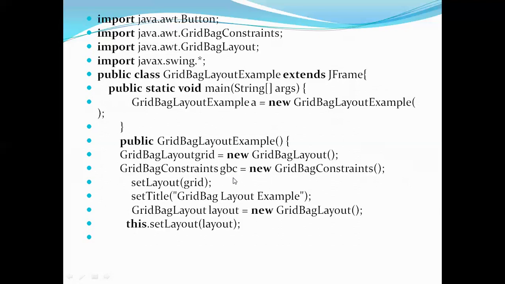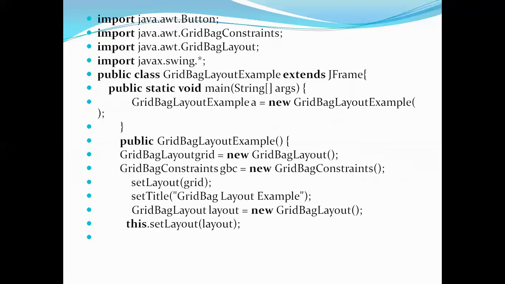Here I'm creating the grid bag layout. Actually, you have another class called grid bag constraint. Grid bag constraint is a class under grid bag layout which will mention how to arrange the components, meaning what are the restrictions, what are the different ways of arranging the components in grid bag layout.